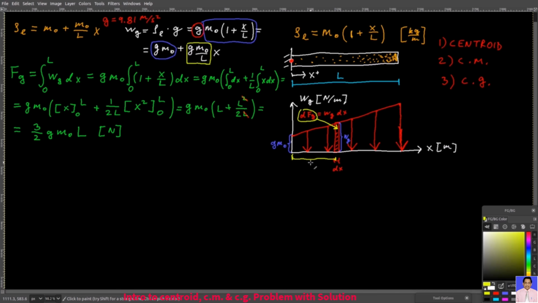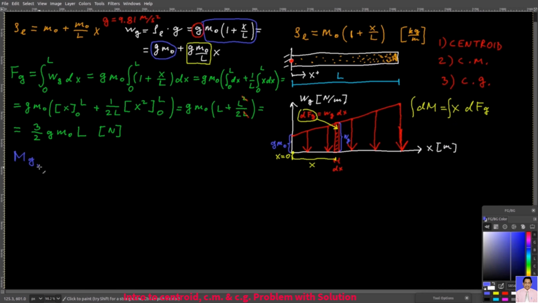And now this differential area has a moment arm, which means that the differential moment due to this differential gravity force about the point when x equals 0 meters, it's x times dFg. And to find the total moment about this point, x equals 0 meters, you have to integrate this product.